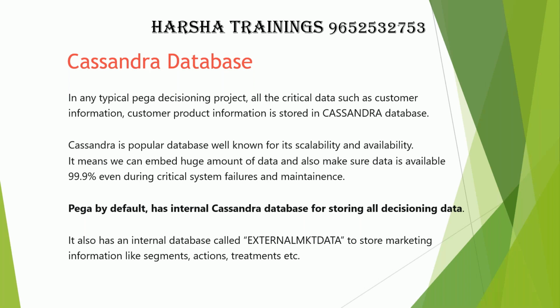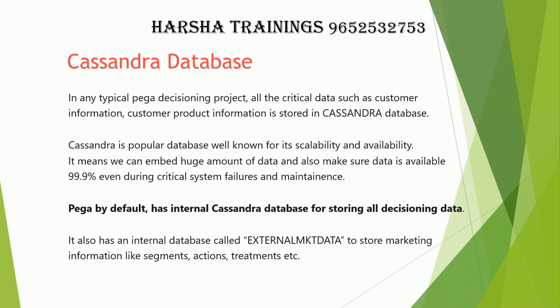So always we interact with the customers, you have to manipulate the data with the customers, which you don't generally do in core PEGA applications. So that's the reason we have Cassandra, scalability and availability. So for that reason, PEGA internally has the Cassandra database for storing all the decisioning data. The internal Cassandra database is there.